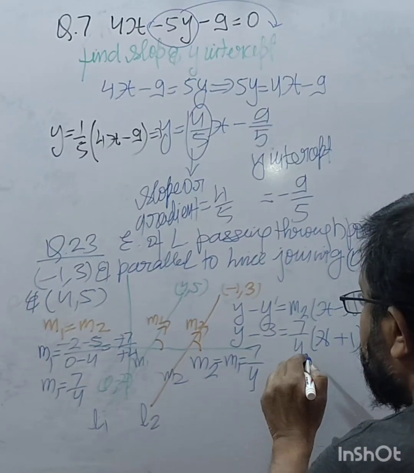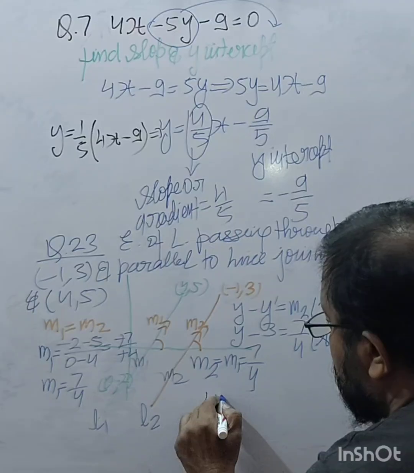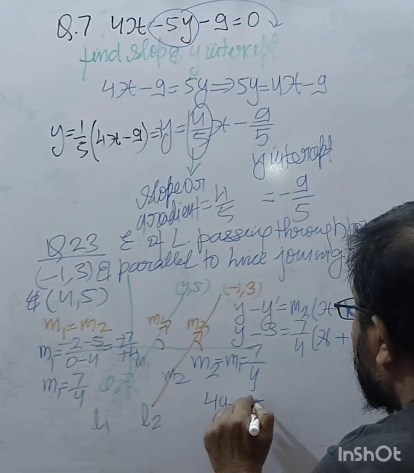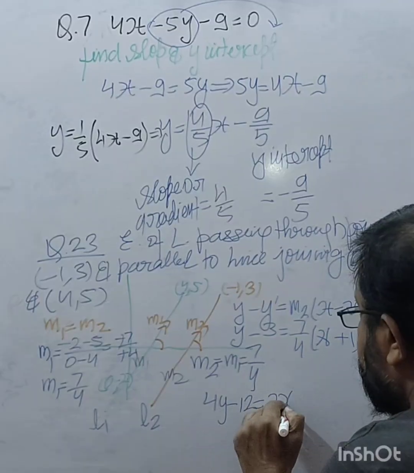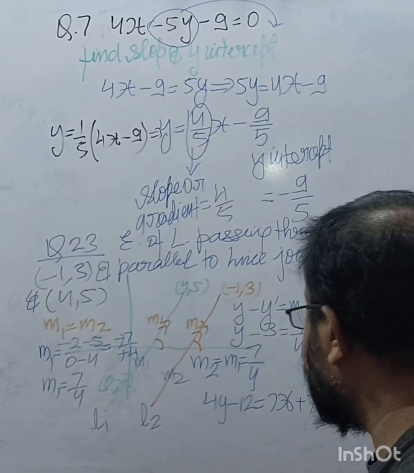So it is cross multiplied, so you get 4y minus 12 is equal to 7x plus 7.